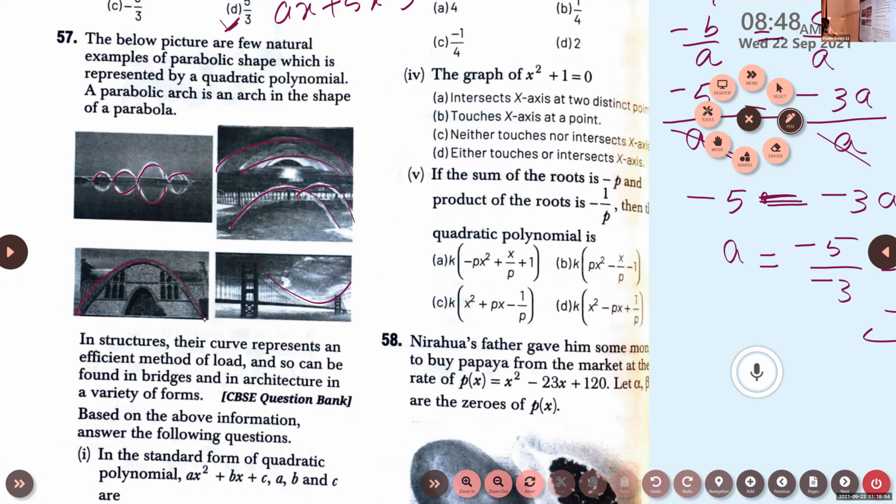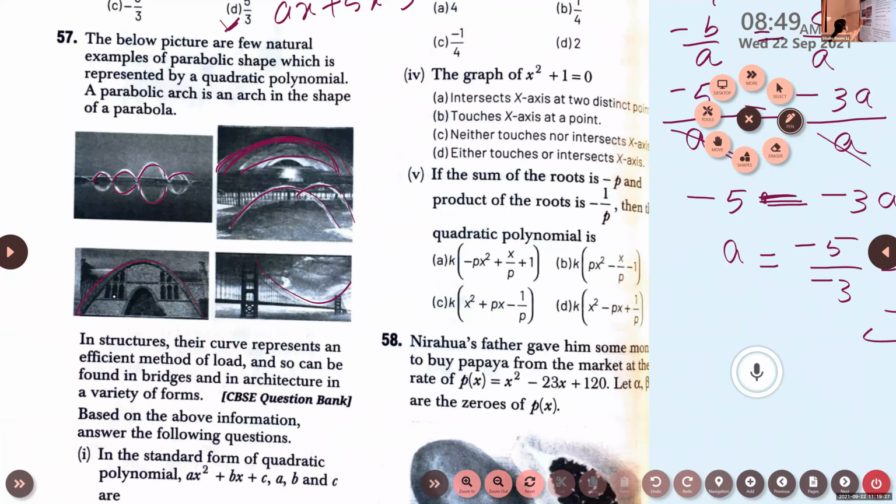In structures, their curve represents an efficient method of load bearing, and so can be found in bridges and in architecture in a variety of forms. This parabolic shape can bear huge weights. That's why bridges and roofs of heavy buildings are used in the shape of parabola.